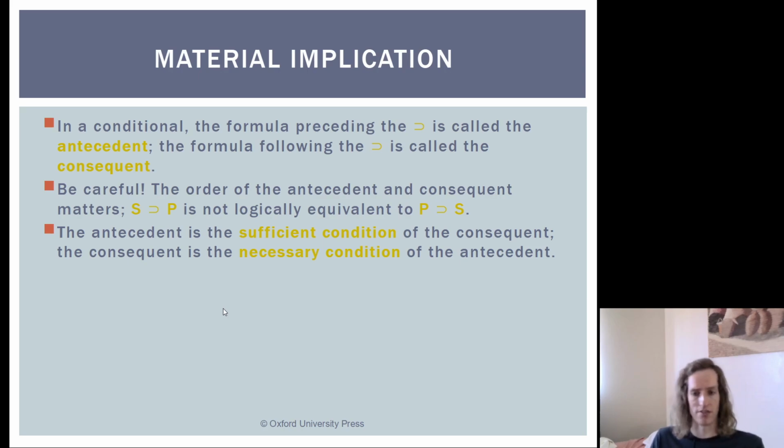For example, we could have a rectangle or some other kind of polygon. So if I refine my statement to say something like, well, if something has 4 equal sides and 4 90-degree angles, then it's a square.